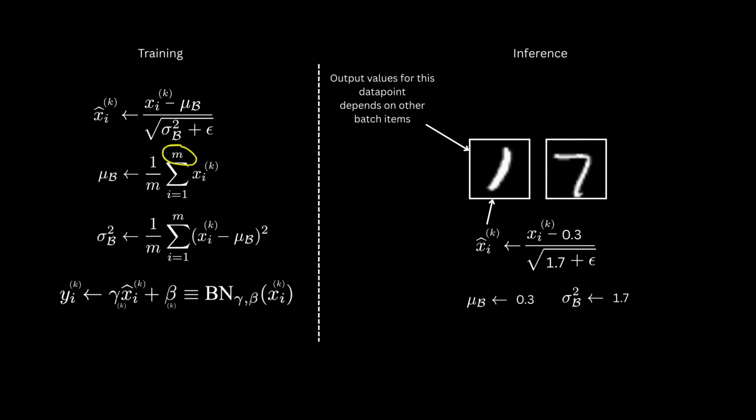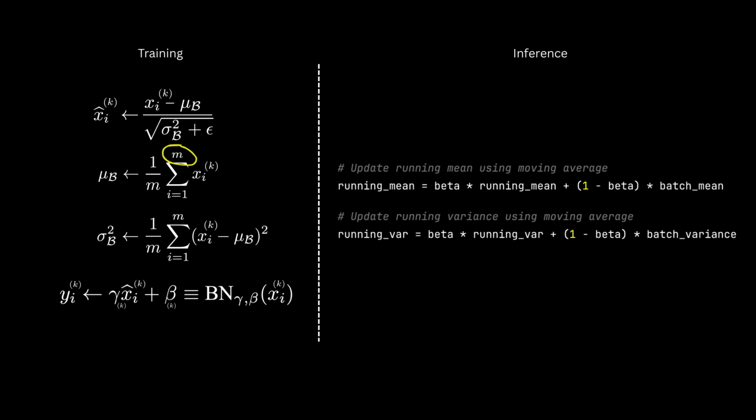To get around this, during training, the authors use moving average to keep track of the running estimate of the mean and variance for each feature. In implementation, this means we add these two lines of code, where running mean is initialized to be 0 and running variance is initialized to be 1.